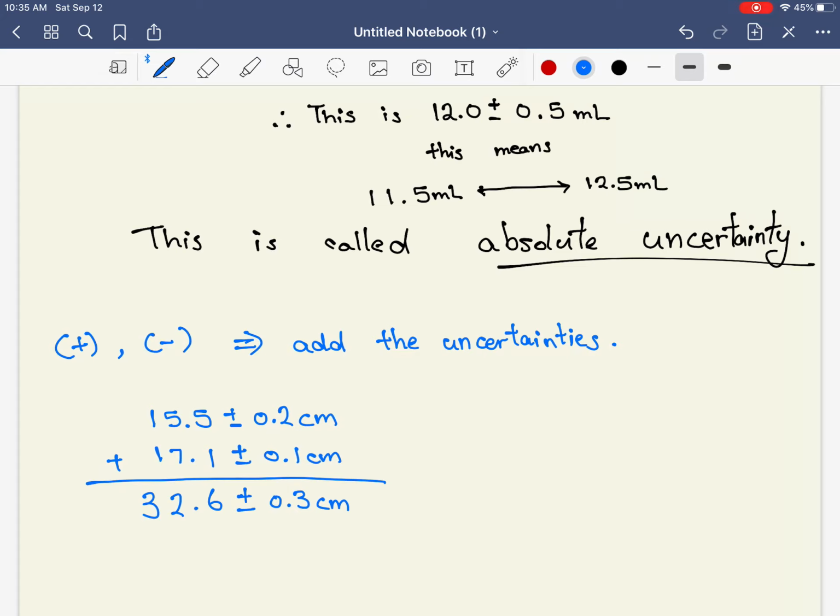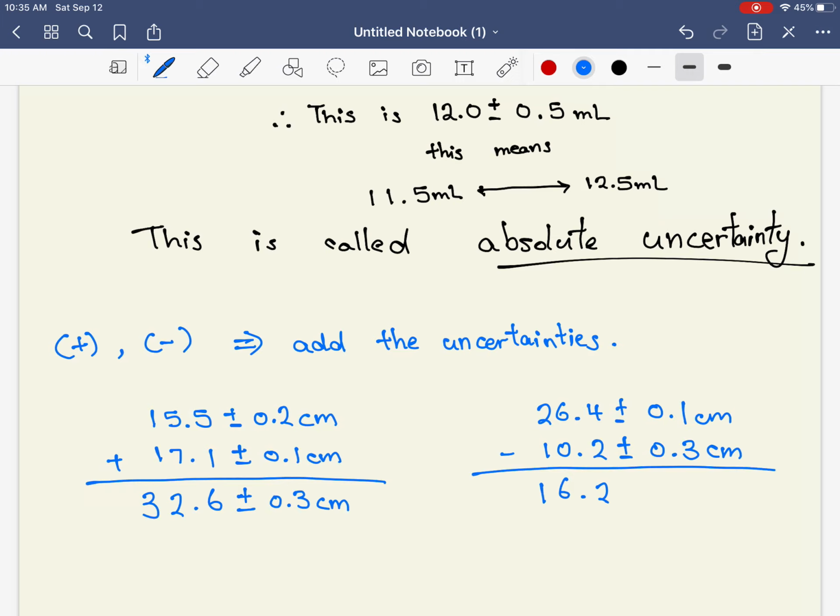Let's do another example. 26.4 plus or minus 0.1, you're going to subtract 10.2 plus or minus 0.3. This is a subtraction. So you would do your subtraction as you normally would. The answer would be 16.2. Now, plus or minus what?